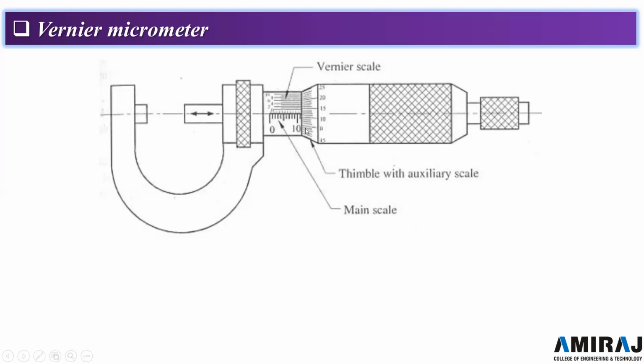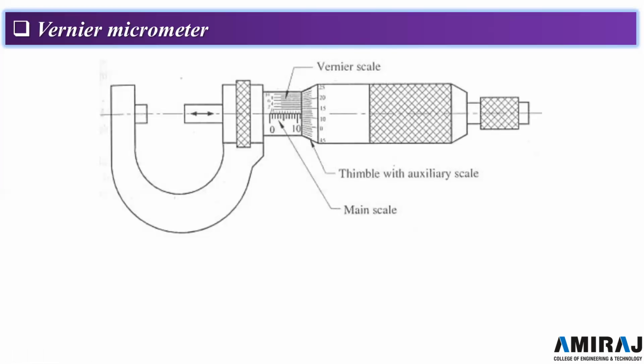Here the value of the smallest division on the thimble is 0.01, and on the vernier scale it will be 0.009. Okay, so it will be 0.001 mm. So it is the accuracy of the vernier micrometer.